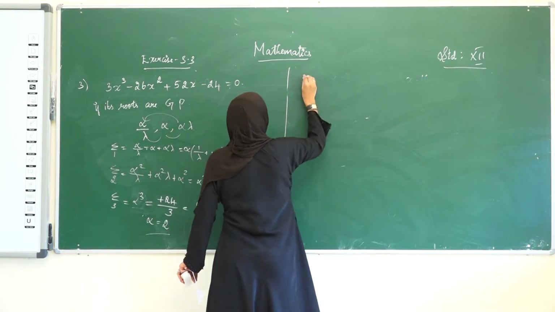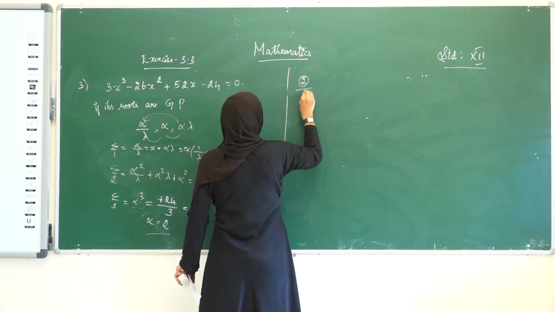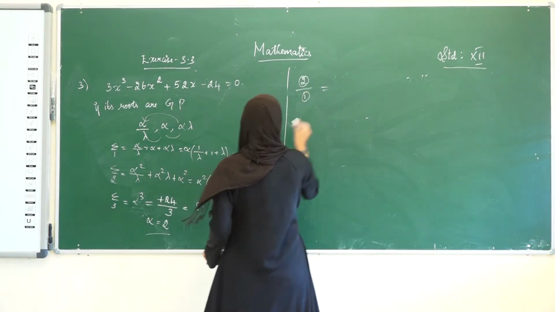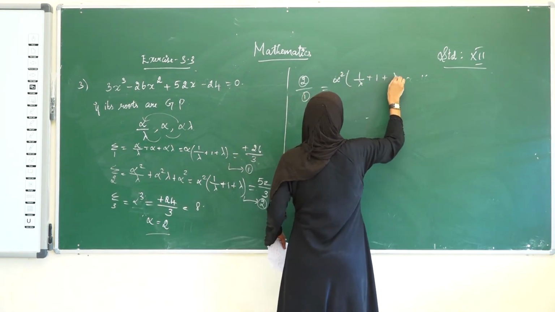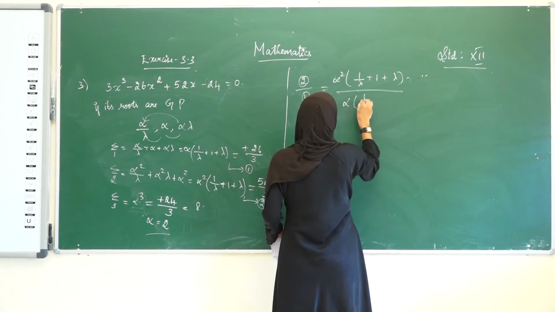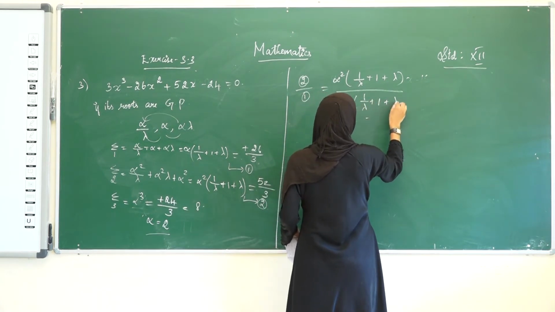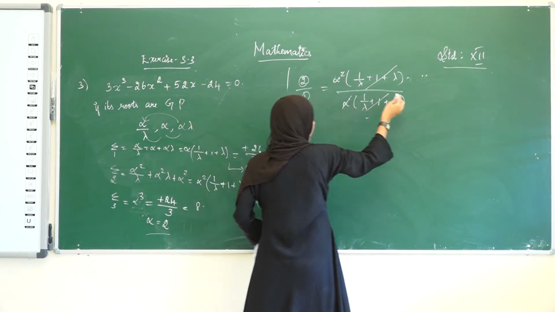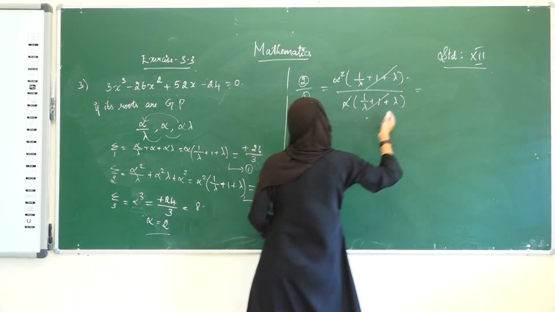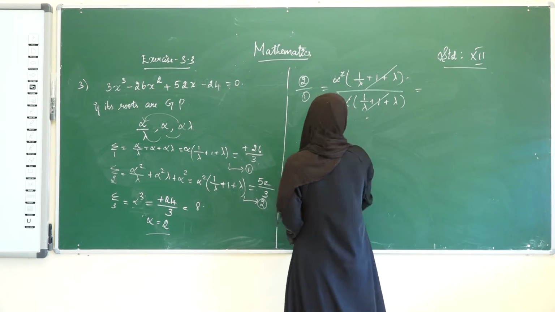Therefore, 2 divided by 1: alpha square times (1 by lambda plus 1 plus lambda) divided by alpha times (1 by lambda plus 1 plus lambda). This term and this term get cancelled, one alpha and one alpha get cancelled on this side. Let us move on to the right hand side. Here the right hand side is 52 divided by 3.